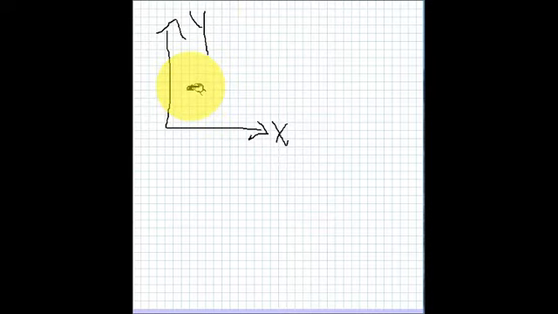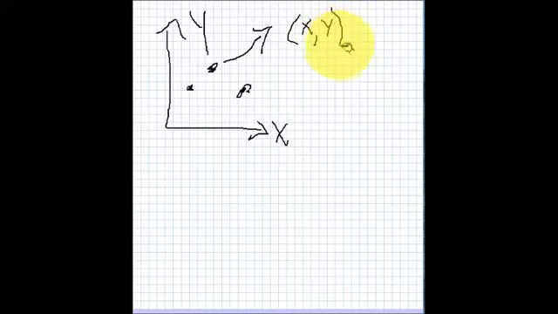So points on a graph may be floating somewhere in here, and each of the points is going to have a point associated with it that looks like that, where this is the x value of the point and this is the y value of the point. So you just pick it like this.